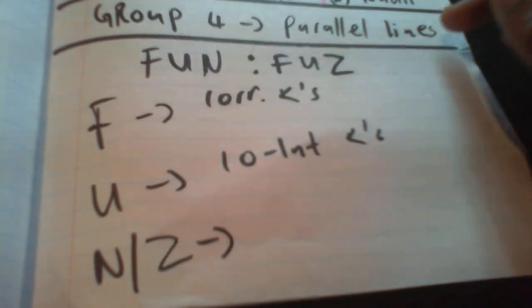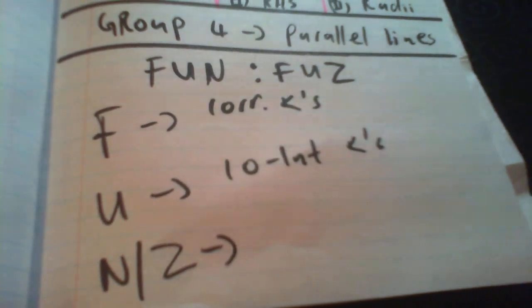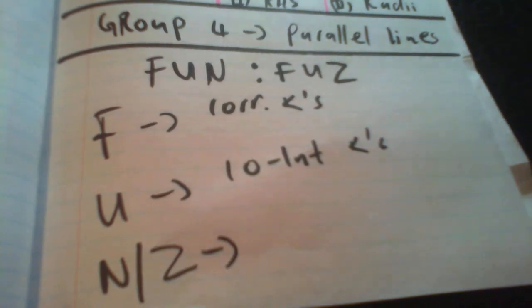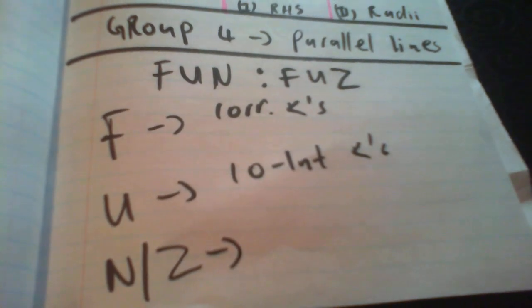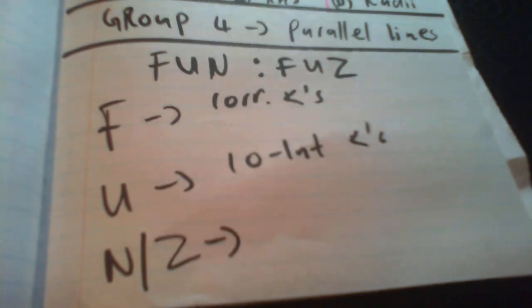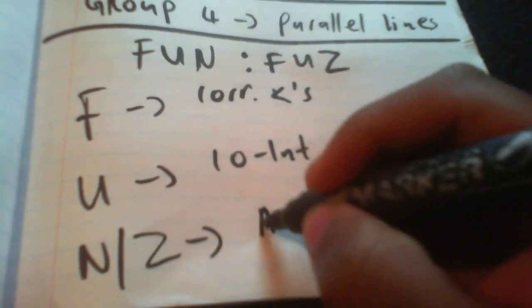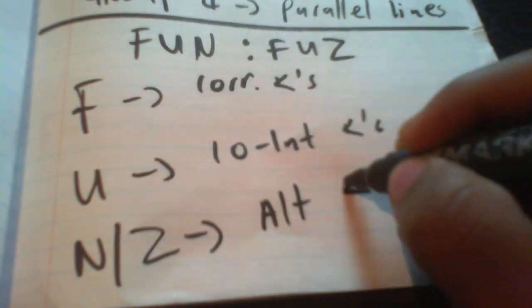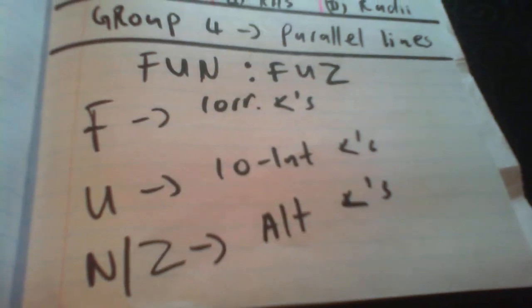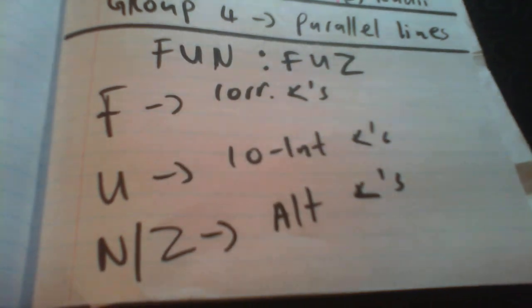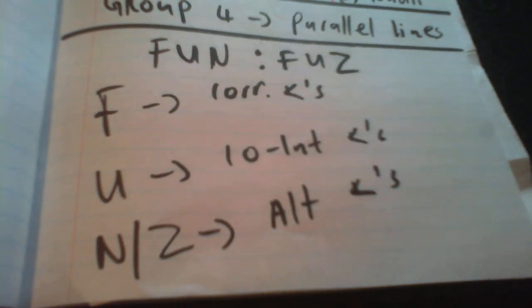In fact, I don't think that you'll find a paper 2, grade 11, grade 12 paper without parallel lines. I don't think that would happen. So it's important to understand these parallel lines. And so obviously the N or the Z is alternate angles. It's the alternate angles.